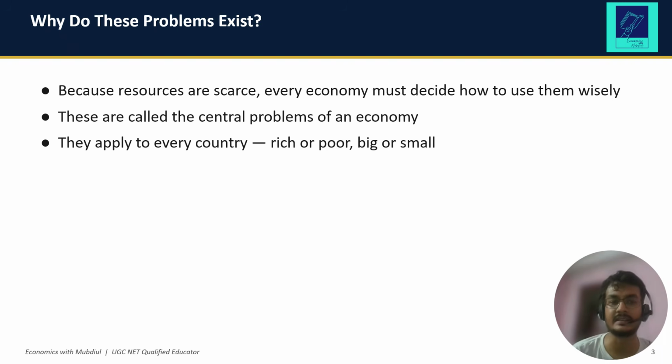Schools, universities, hospitals, roads, railways, defense, police, agriculture, digital infrastructure, environmental protection, subsidies, employment programs. Can it spend equally on everything? The answer is no. It must decide. That is why economists say every economy must decide how to use scarce resources wisely.